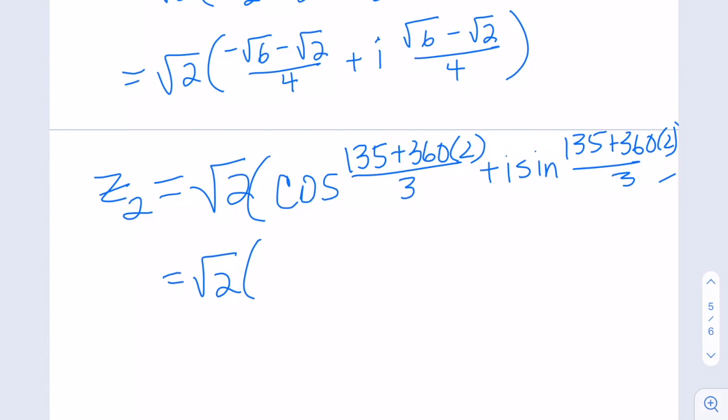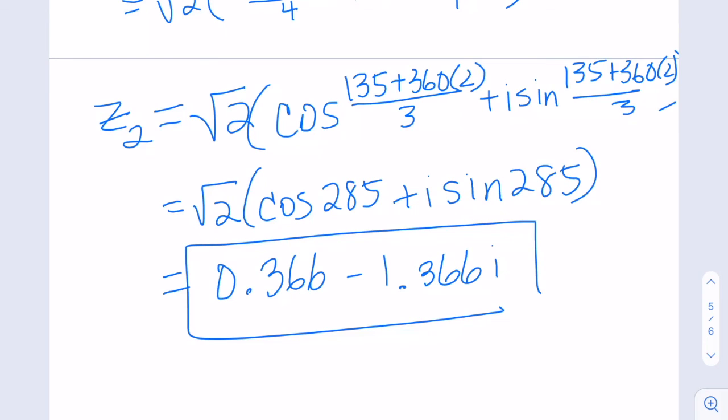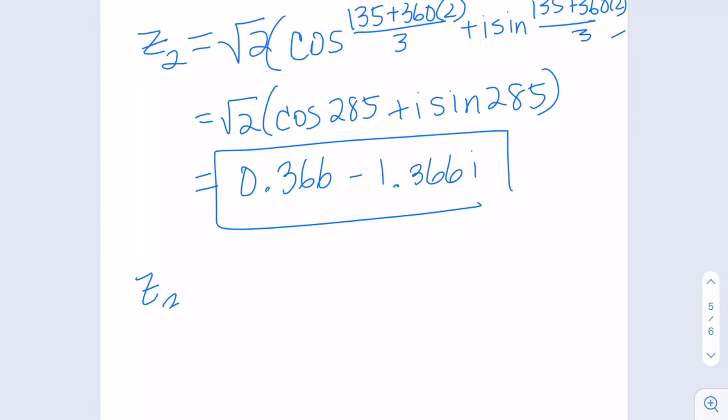So this is going to simplify to equal cosine of 285 plus I times the sine of 285. And again, that's not an easy value to find with 30, 60, 90 or 45, 45 with special triangles. So we're going to simplify this with decimals, so that's 0.366 plus, or minus, sorry, 1.366 I.